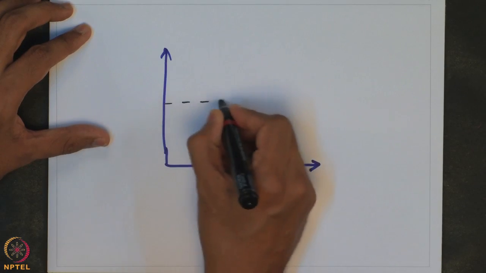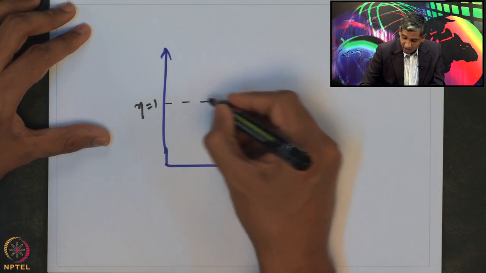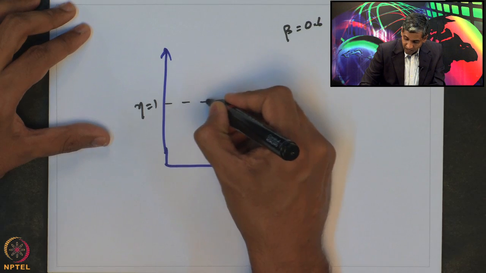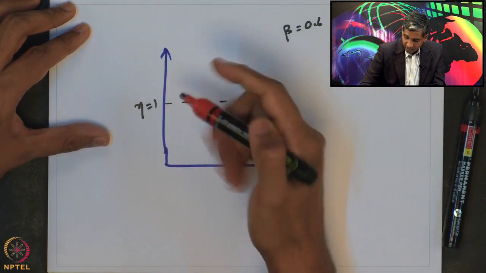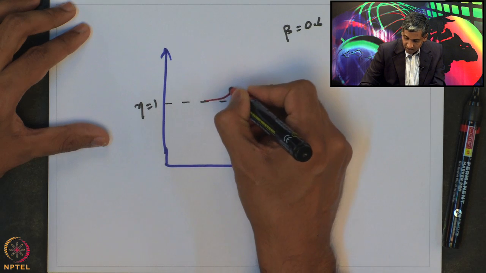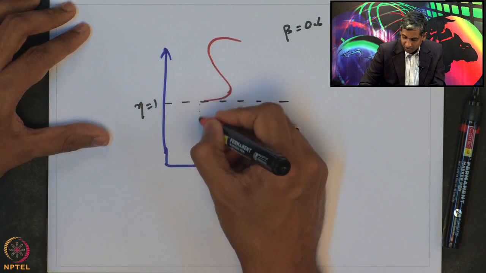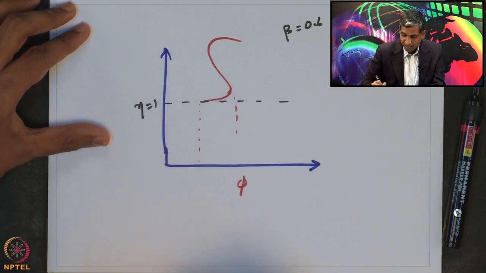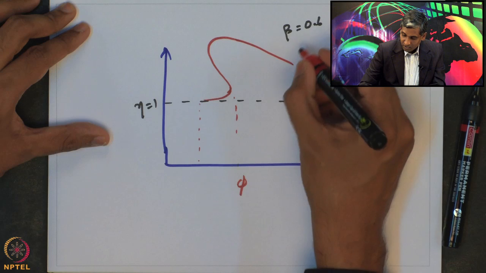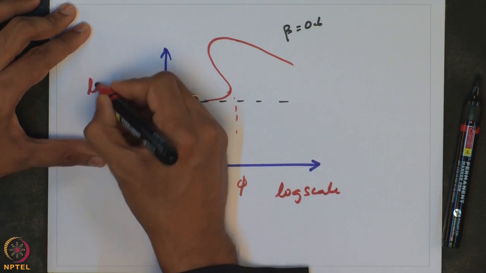So, let us say that eta equal to 1 is here, and we have for beta equal to, let us say, 0.6, a situation where the effectiveness Thiele modulus graph essentially looks like this, in this range. So, this is for beta equal to 0.6, and note that this is log scale and this is also log scale.